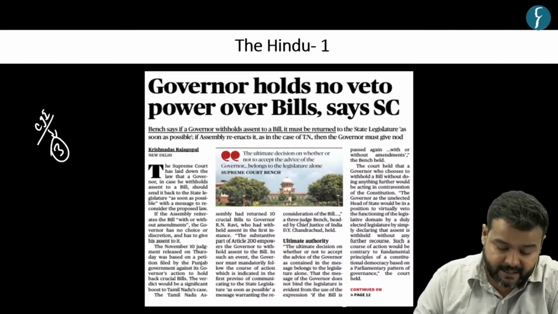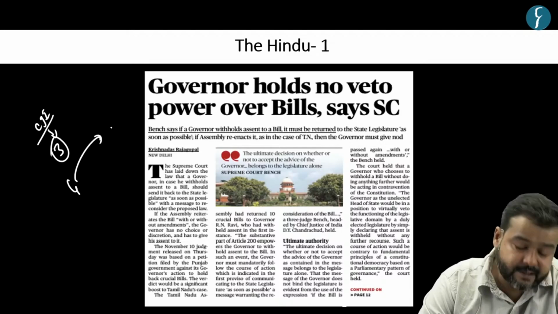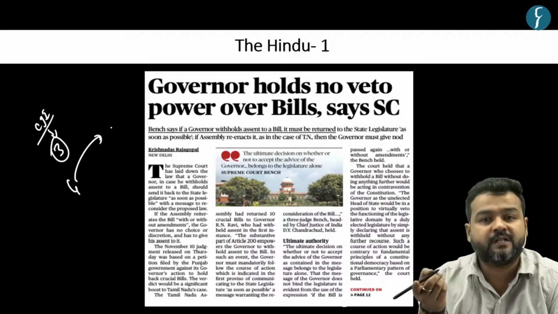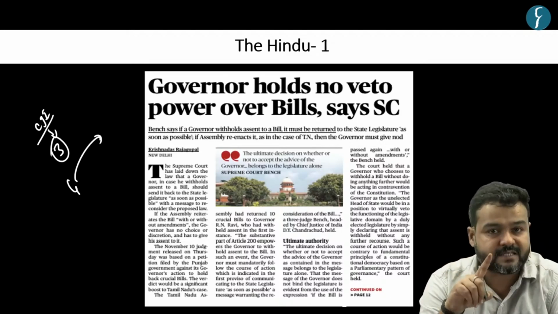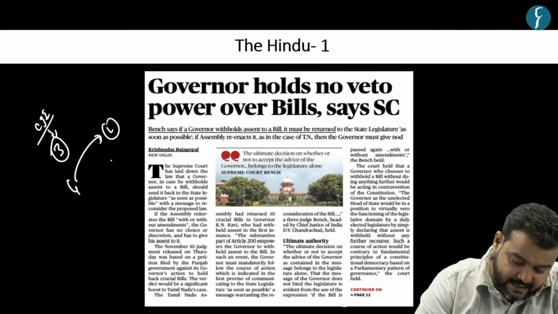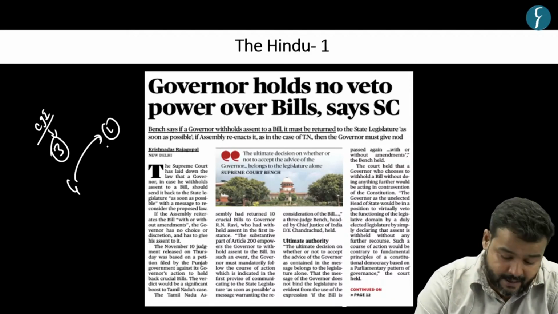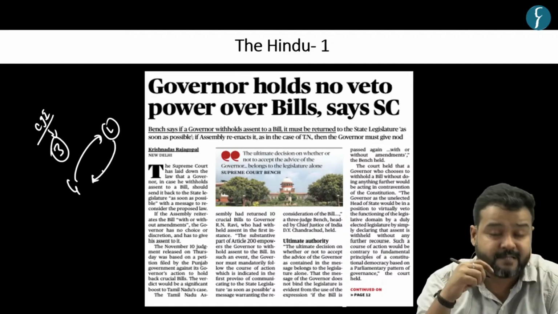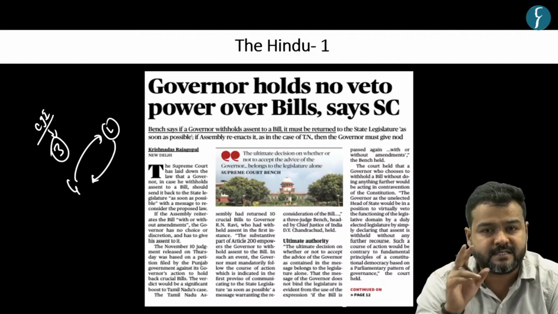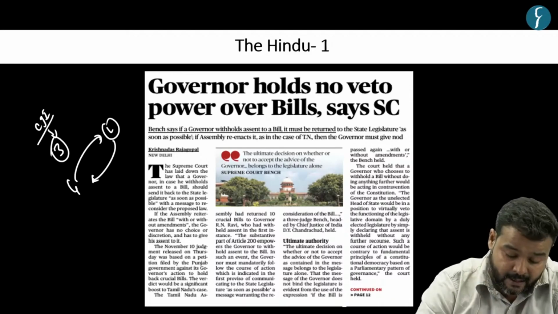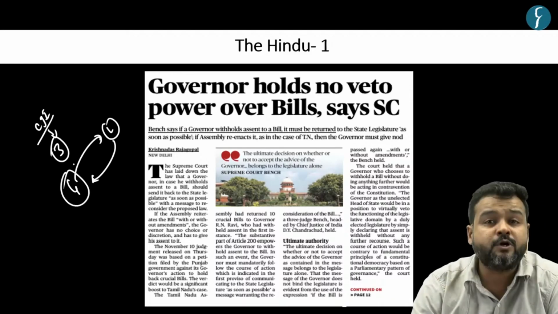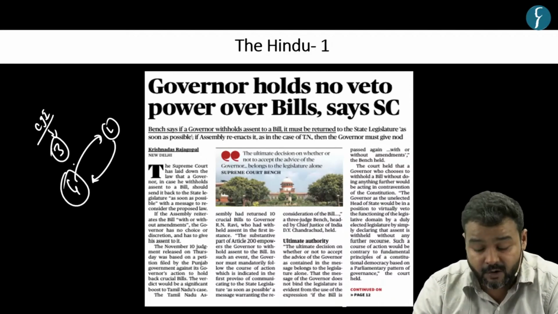Now what they have said is that the governor can return the bill to the legislature for the first time, but when the legislature again passes the bill with or without changes and sends it to the governor, the governor is bound to give his assent. He cannot veto.